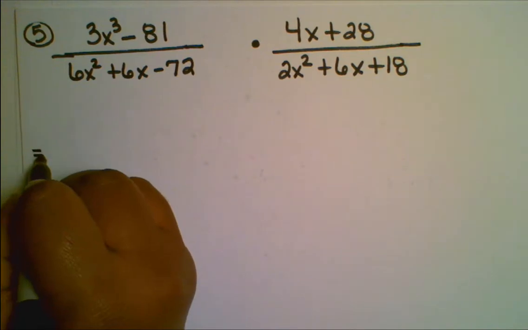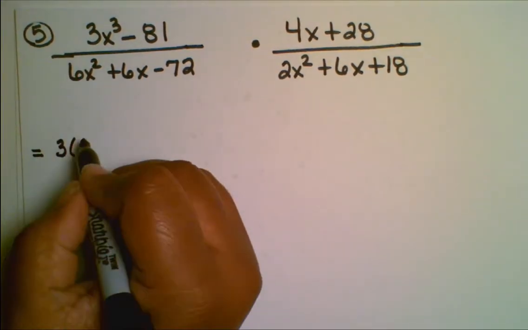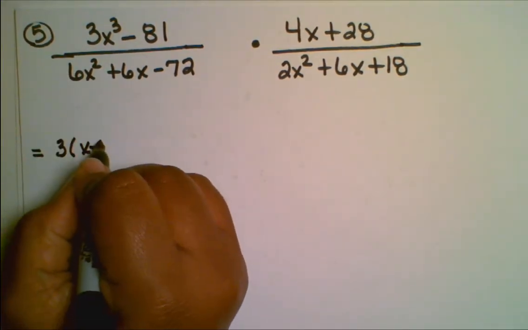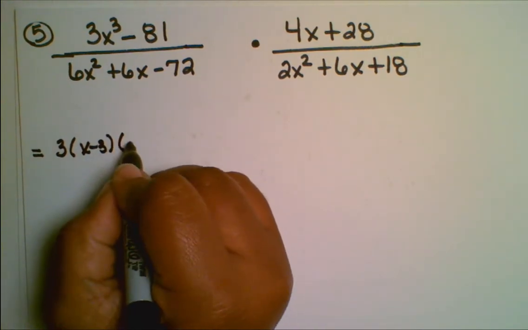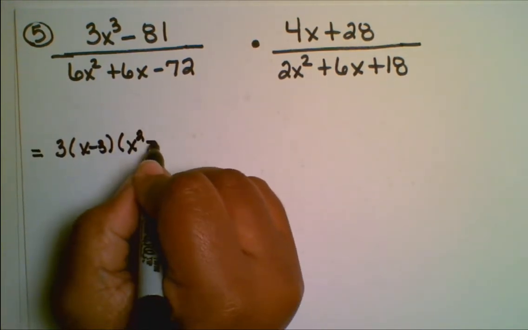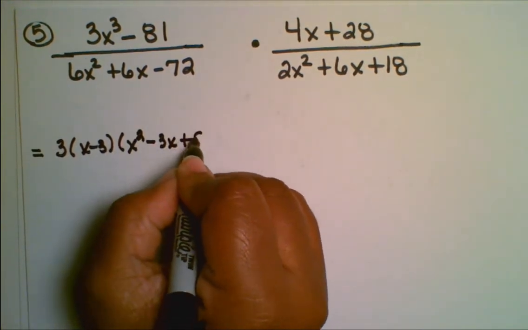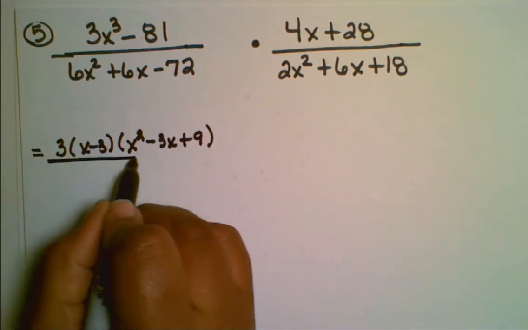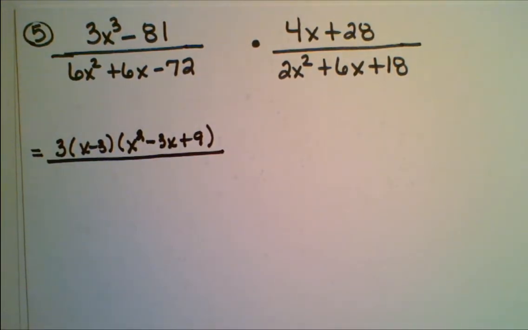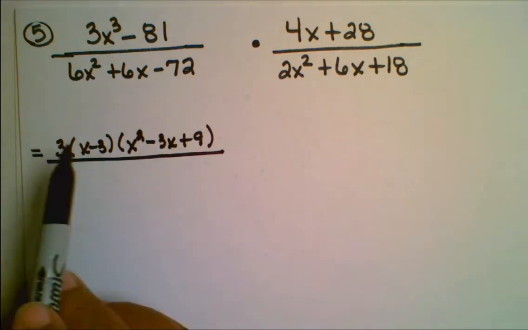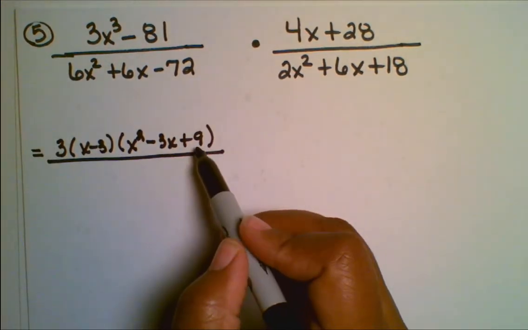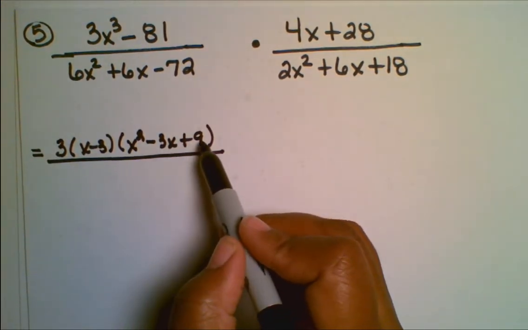So here's our numerator, 3 times x minus 3 times x squared minus 3x plus 9 all over, and then before we look at that denominator, look at this x squared minus 3x plus 9.